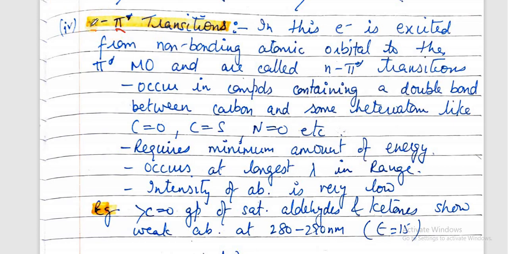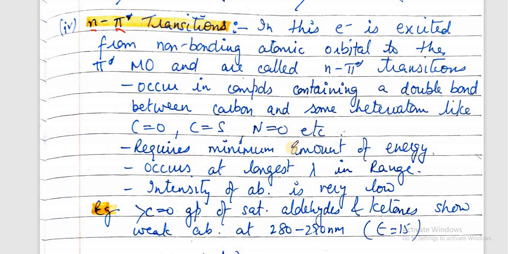From here we can judge it is a non-bonding electron that moves to the pi star antibonding orbital. It means a multiple bond will be present and a lone pair of electrons will also be there in the molecule. So these occur in compounds containing a double bond between carbon and some heteroatoms, like C double bond O, C double bond S, N double bond O, etc.